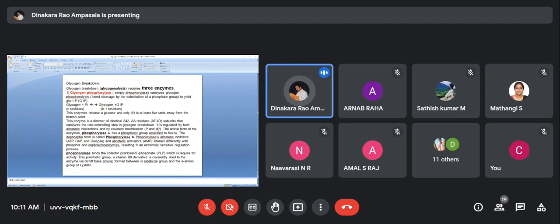Because when glucose is high, there is no requirement for glycogenolysis. When ATP or glucose 6-phosphate are high, there is no need for this conversion. As an allosteric activator, if AMP is present, meaning ATP is at low levels and AMP is at high levels, then it will activate the enzyme by phosphorylating at serine 14.